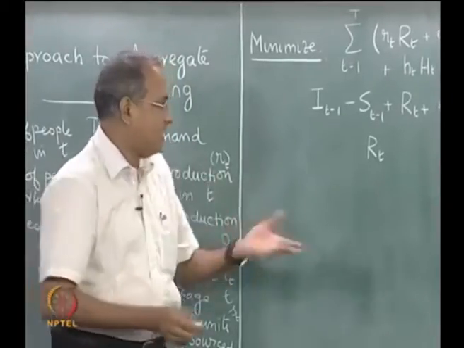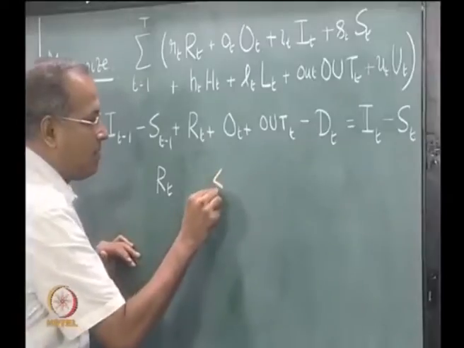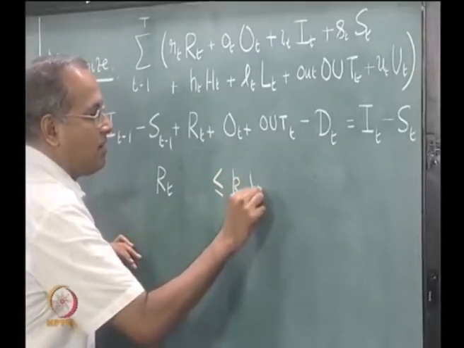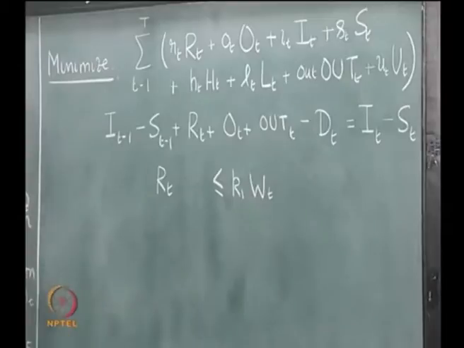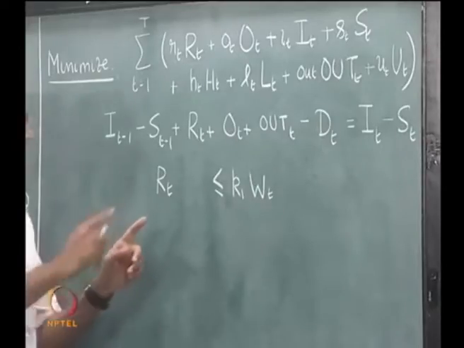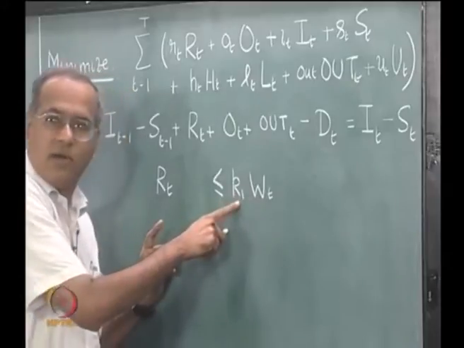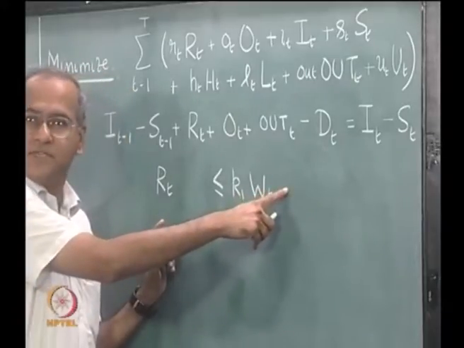So, let us call that some K1 into WT. If WT people are working, then each person can make K1 per day. So, this will be Wt into K1 into the number of days, which is a constant.